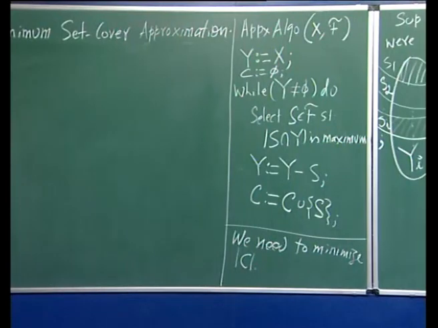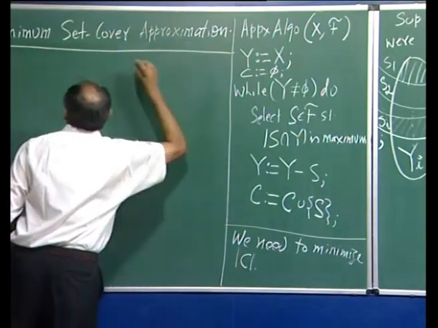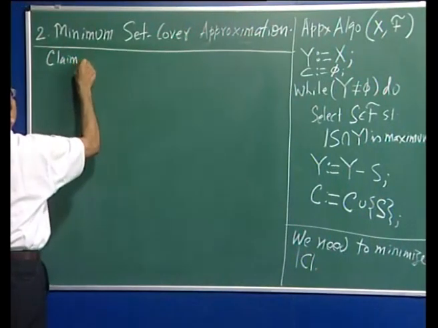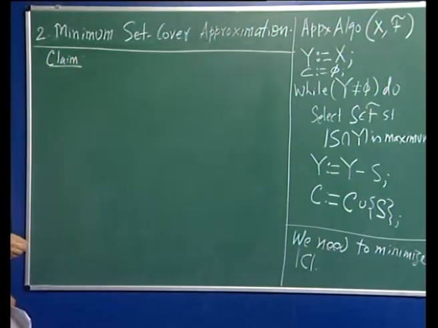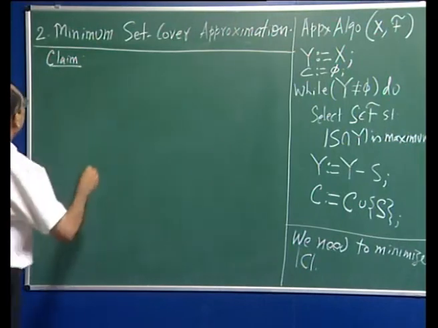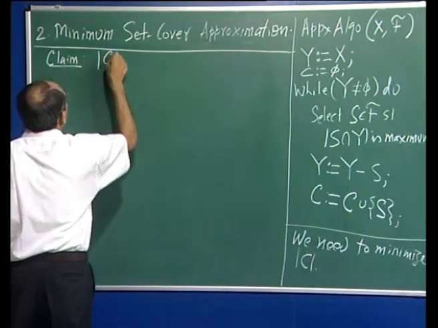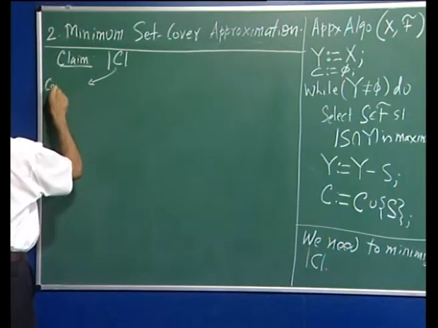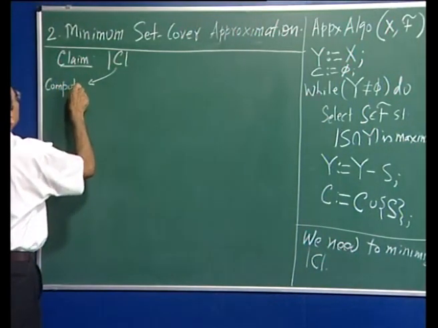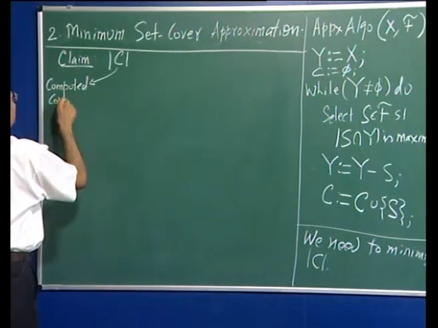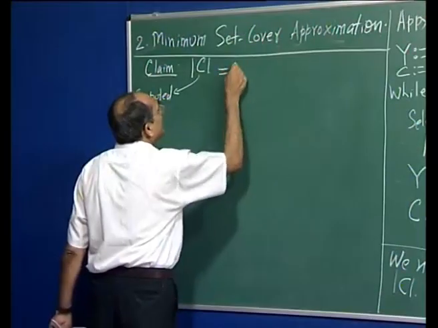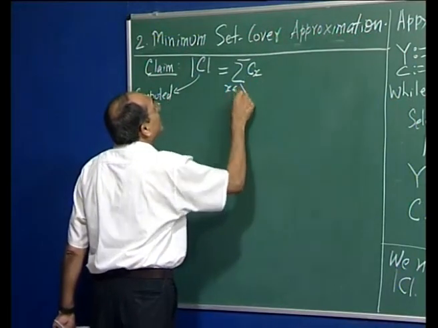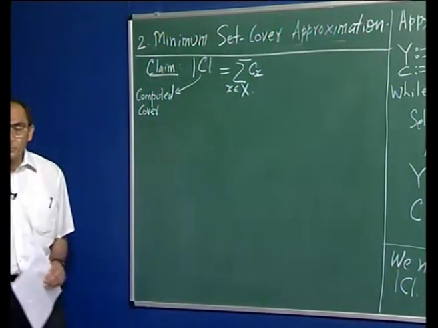Now, one claim that is pretty trivial, if you remember how we had done the costing, is that the size of our cover, the cover that we have computed, is precisely sum Cx, x belonging to X. Why?